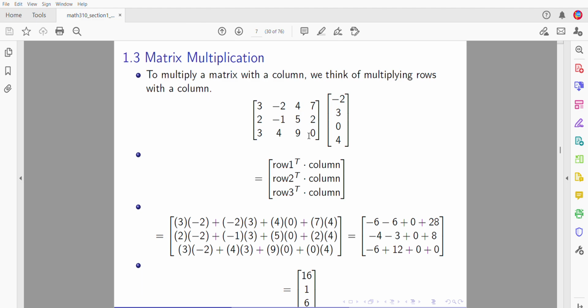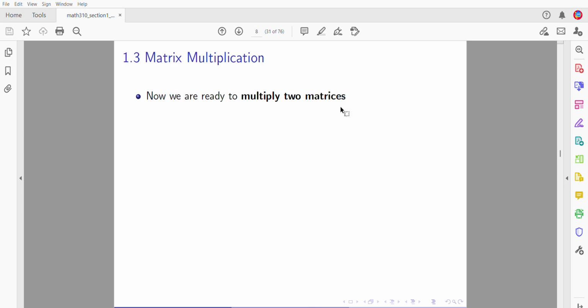You go across, straight down, across, straight down, across, straight down, and for each row you get a number and you stack it one below the other. Row 1 gets you the first number, row 2 gets you the second number, row 3 gets you the third number, and so on. Now we are ready to multiply two matrices.